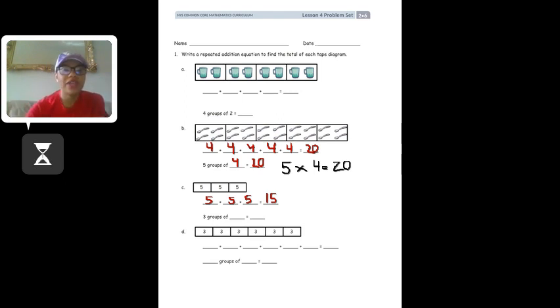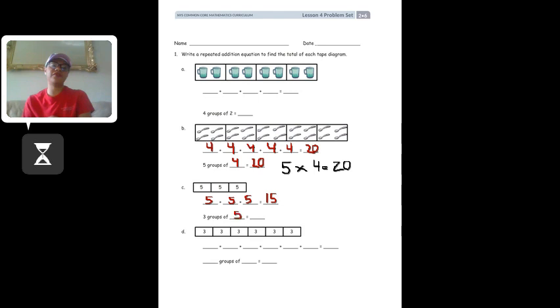And then I know that we have 3 rectangles, 3 equal size rectangles. If you look at our sentence statement, we have 3 groups of how many is in each equal size rectangle. We did this earlier. We did this last week. How many? Yes, there's 5, because we see that the number 5 is in each square of our tape diagram. So I'm going to write 3 groups of 5 equals 15. All right, let's go down to our last one.